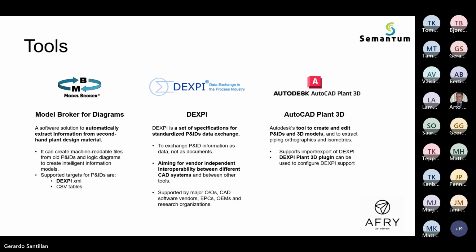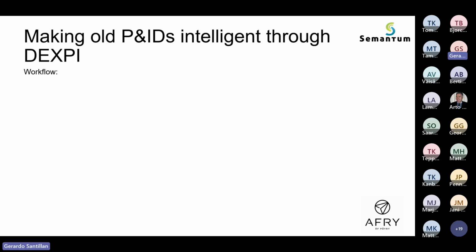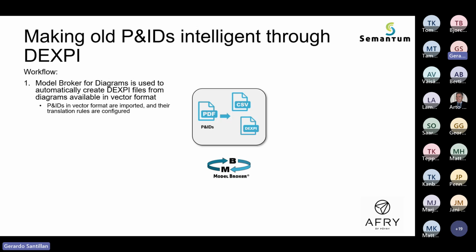We will have a demo of all this workflow, but just to be more specific and maybe be redundant, since I already explained most of this, what we are doing here is taking all diagrams that are available in vector format, and then configuring Model Broker so that different connections, different text, and also symbols are recognized.